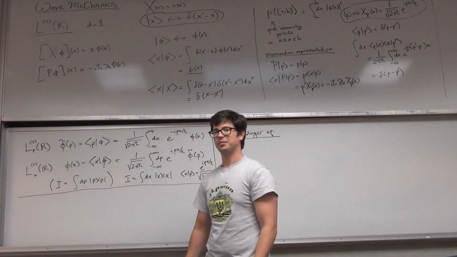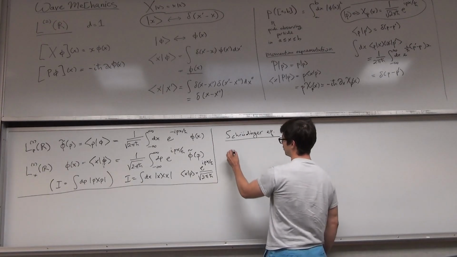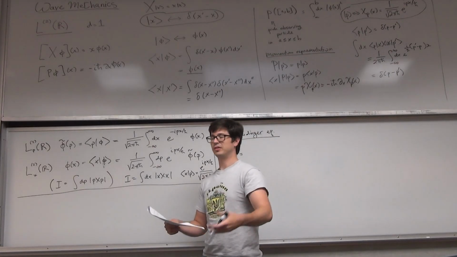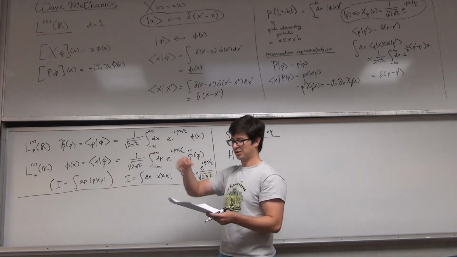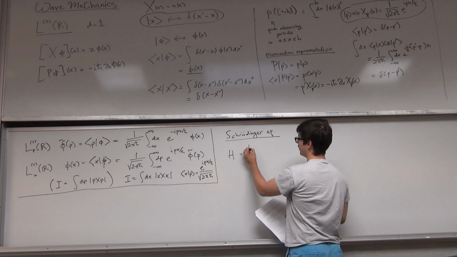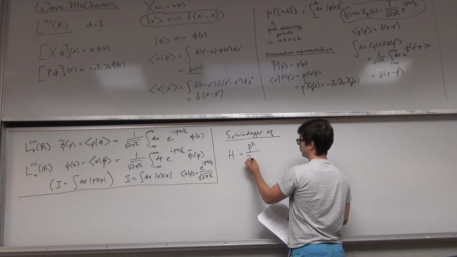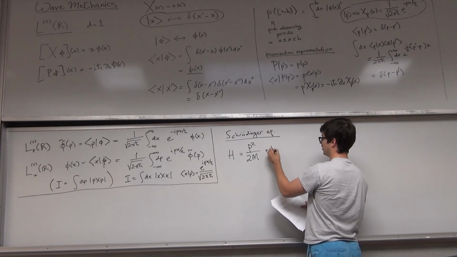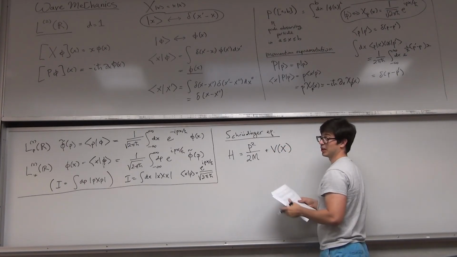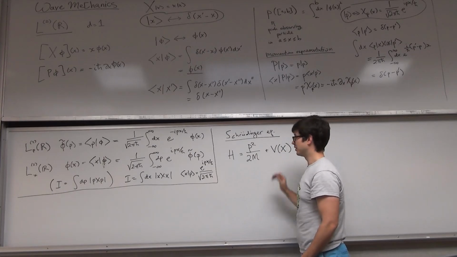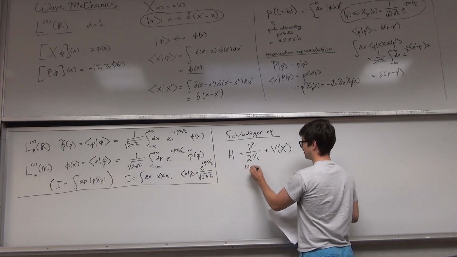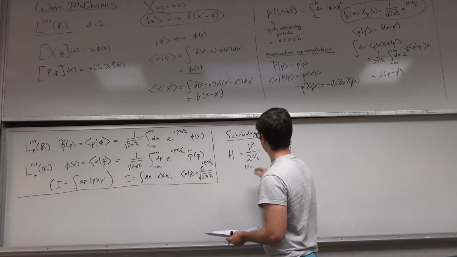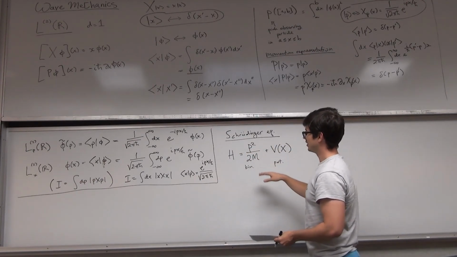We'll show in class a bit later that the most general form of the evolution operator for time evolution for these spaces of one-dimensional motion is given by the following form. There's a kinetic energy and a potential energy, and we know what these things are. I'll show you later.